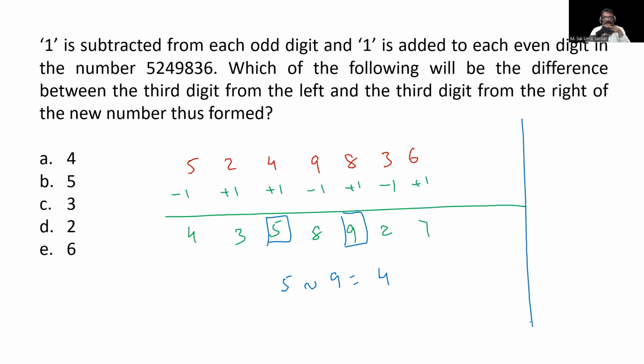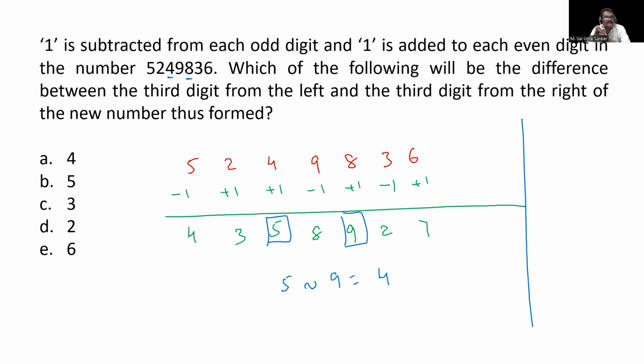Now come to this case. Without using this, what is the question? The difference between the third digit from the left, that is this position, and the third digit from the right, that is this position. Here, both are even digits.